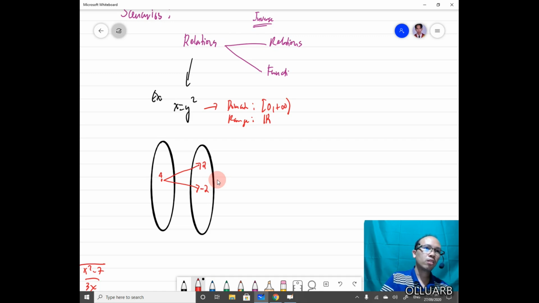Not only that, if you have 1, it is mapped to 2 values again, positive 1 and negative 1, because you have to write this first as y in terms of x. This will become y squared is equal to x. Take the square root of both sides, so y is equal to plus and minus the square root of x.